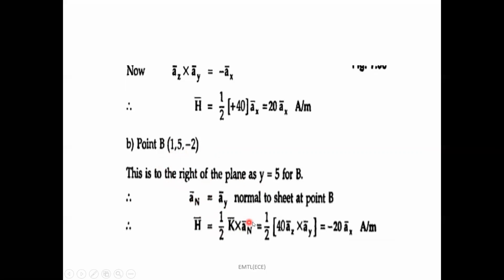Simply taking AN as AY, we get 40 AZ bar cross AY bar, and already we discussed that AZ bar cross AY bar is equivalent to minus AX bar. So 40 by 2 gives minus 20 AX bar ampere per meter.